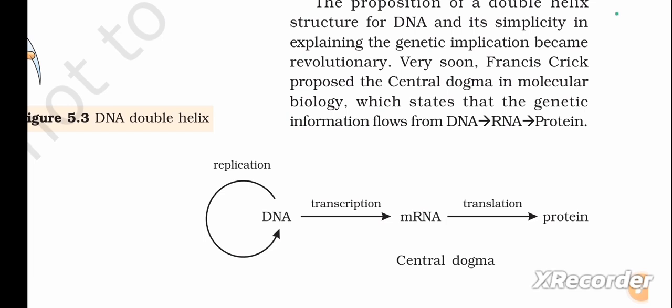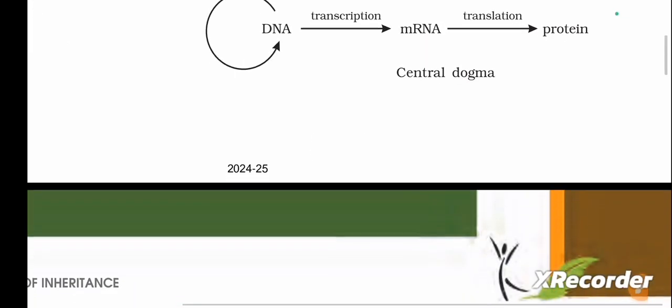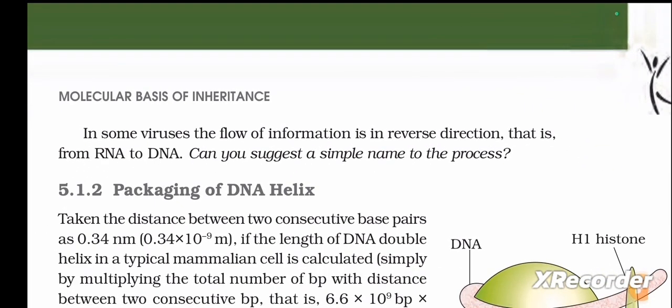Very soon, Francis Crick proposed the central dogma in molecular biology, which states that the genetic information flows from DNA to RNA to protein. In some viruses, the flow of information is in reverse direction, that is, from RNA to DNA. Can you suggest a simple name to the process?